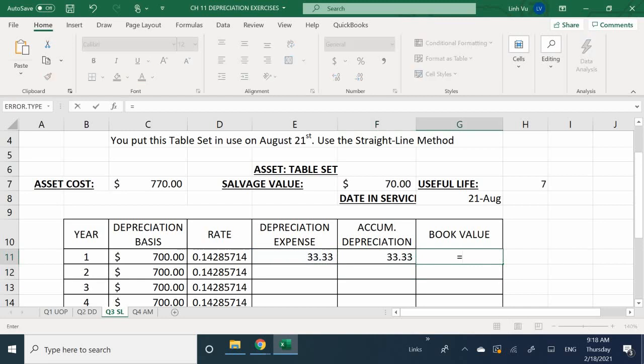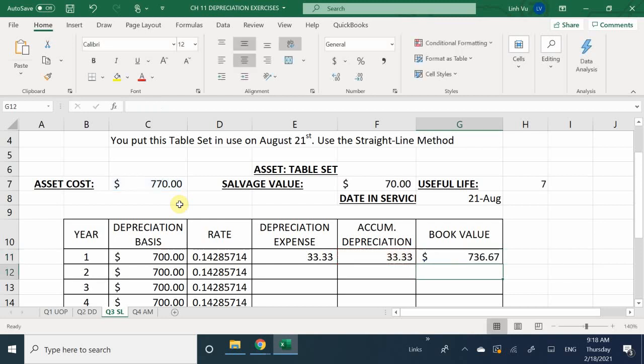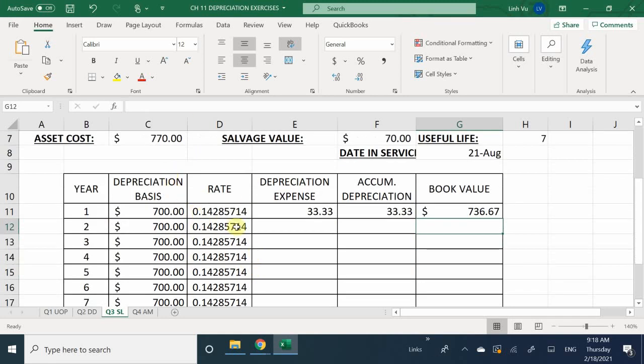Good. And what is my book value going to be for year 1? 736.67. Good.